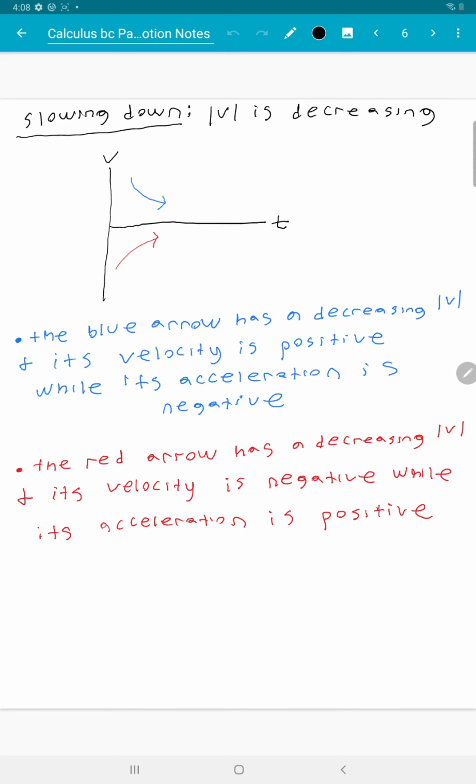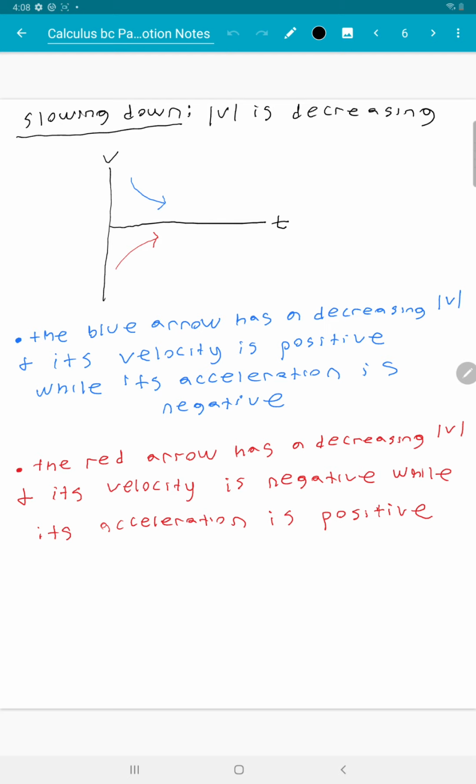Now let's think about when a particle is slowing down. That happens when speed is decreasing, as we can represent on this velocity graph with these two arrows that are pointed towards the x-axis. Since they're pointed towards the x-axis, that means that the absolute value of velocity is decreasing. So let's think about these two arrows.